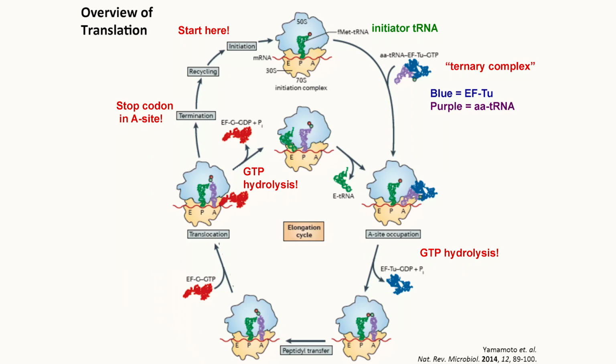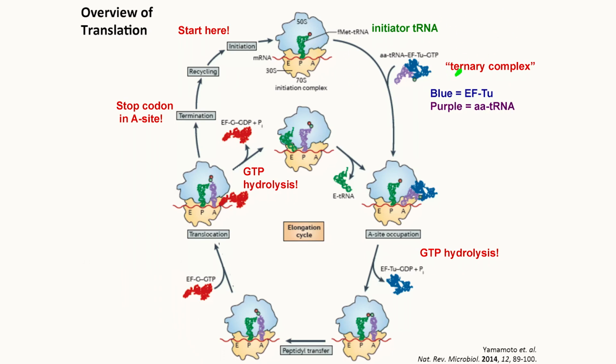In order for the elongation cycle to be entered, an amino acid needs to be delivered, and that's delivered by an aminoacyl tRNA that's in a ternary complex, so three components: the tRNA, the elongation factor Tu, and GTP.